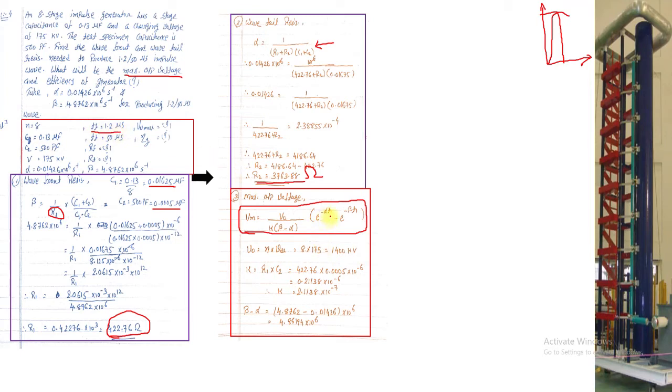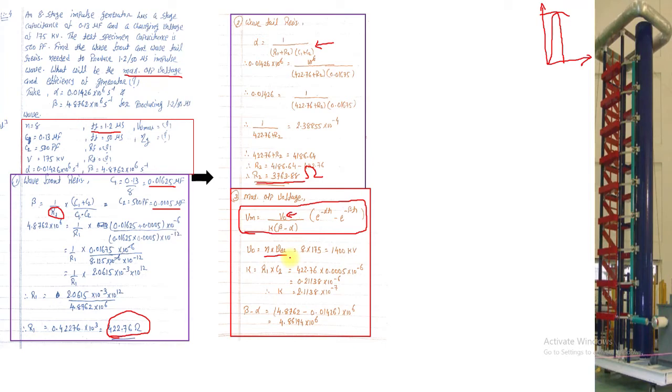Okay, so T1 is 1.2 microsecond. So V0, that is your nominal output voltage. So nominal output voltage is N into VDC. Okay, the charging voltage multiplied by number of stages will give you the nominal output voltage, which is our expected value, but because of the involvement of the charging resistances, there will always be some amount of voltage drop.